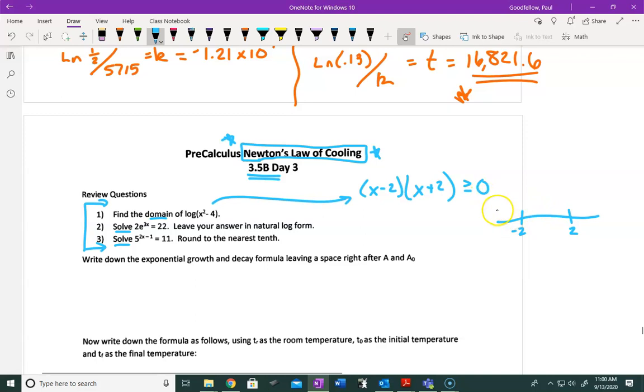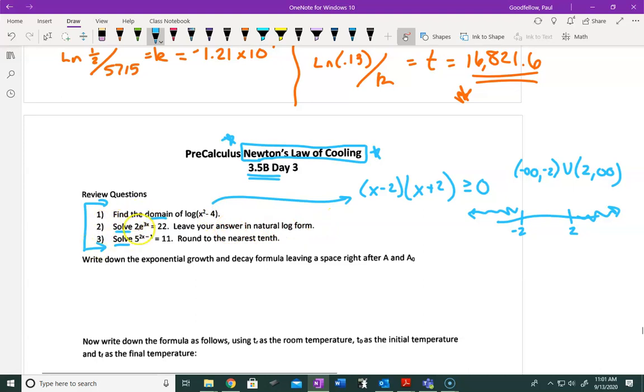It's going to be positive on sections that are less than negative 2, because if we picked numbers relatively large and negative, they'd exceed the negative 4, or greater than 2 going the other direction. So our domain in this case would be only those intervals that satisfy that: from negative infinity up to negative 2, non-inclusive, unioned with 2 to infinity. And the best way to think of those kinds of questions is definitely on an interval kind of concept.